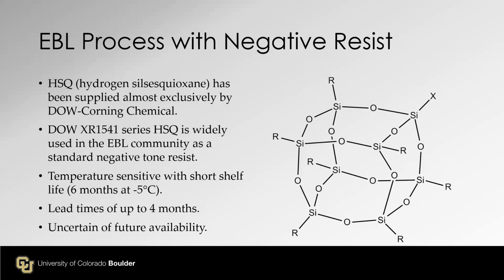Many people use it, but it has terrible shelf life. So it only lasts 6 months at -5 degrees C. And the lead time is crazy, future availability is uncertain, and it's super expensive, much more expensive than PMMA or ZEP. ZEP, I don't know the current price, but HSQ is quite expensive.